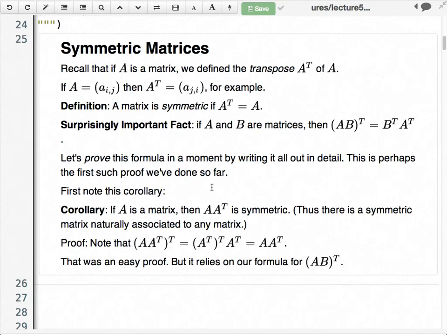And the transpose is the new matrix you get by reversing all of the coordinates. So we already did this. The transpose of this one is, I just want to make sure you remember, 1, 3, 2, 4. You get it by reflecting across that diagonal. That's the transpose.